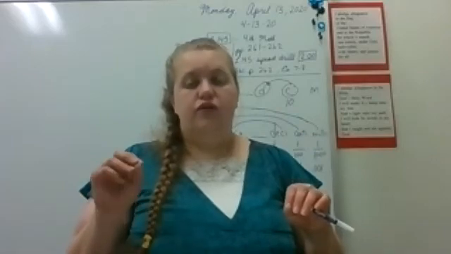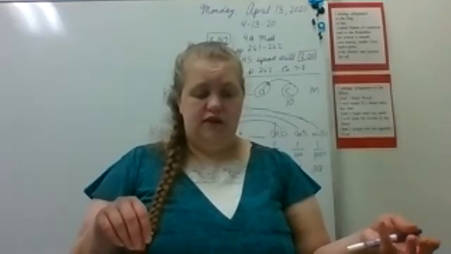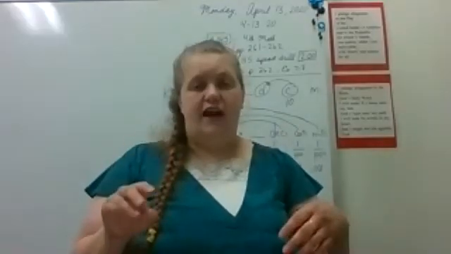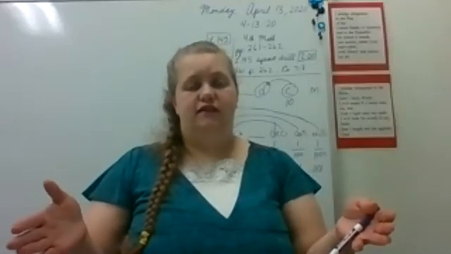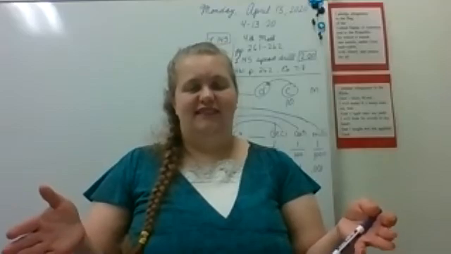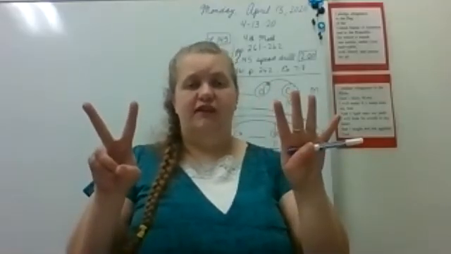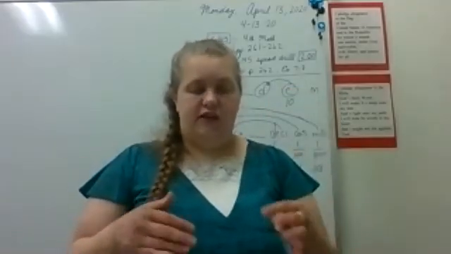How many quarts are in a gallon? Quarts in a gallon. That would be 4, okay? So how would you find out how many pints are in a gallon? You multiply them. 2 times 4 gets you 8, okay? So there's 8 pints in a gallon, okay?